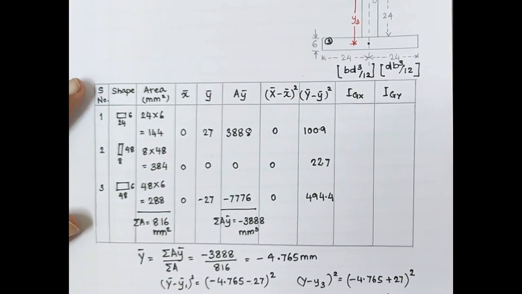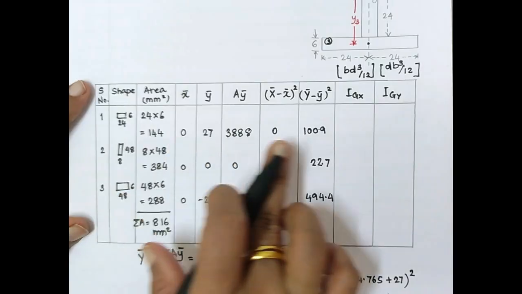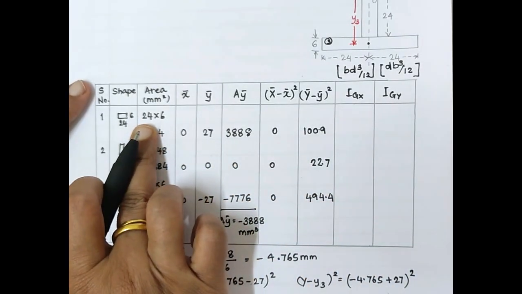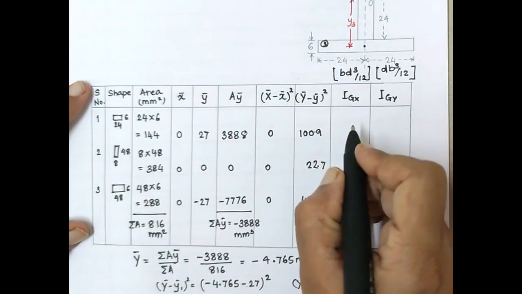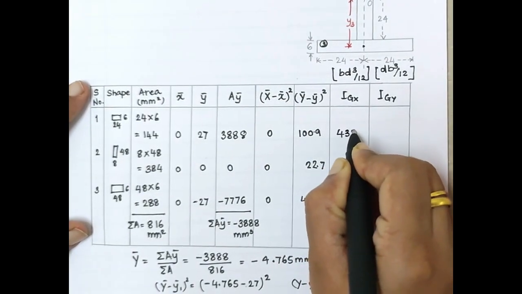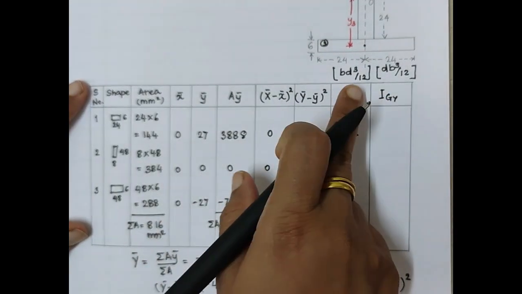So we get the values of the first rectangle considering B as 24, D as 6, BD cube by 12 comes out to be 432. Similarly, DB cube by 12.